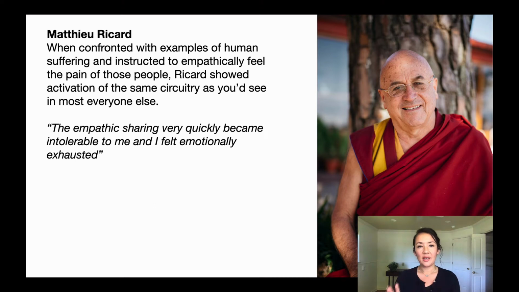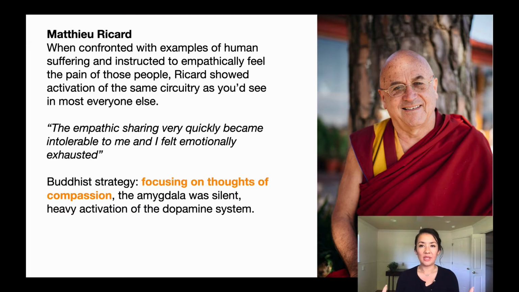And what they first had him do was to try to empathize with people. And what he said when he was trying to empathize, trying to feel their pain, is that the empathetic sharing very quickly became intolerable to me, and I felt emotionally exhausted. Then they allowed him to take his normal strategy, which is to focus thoughts on compassion.